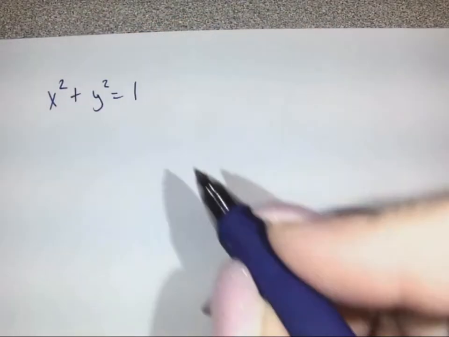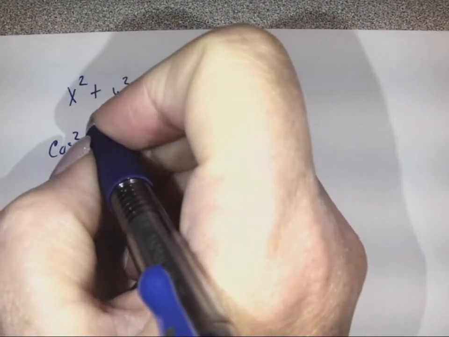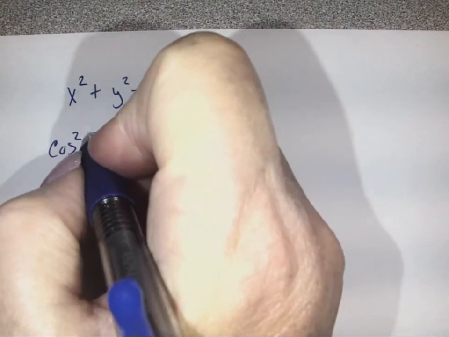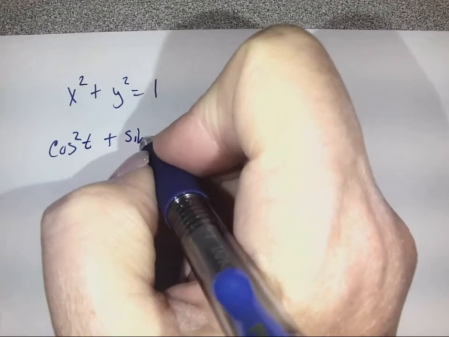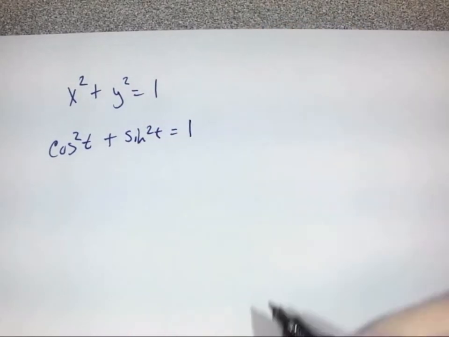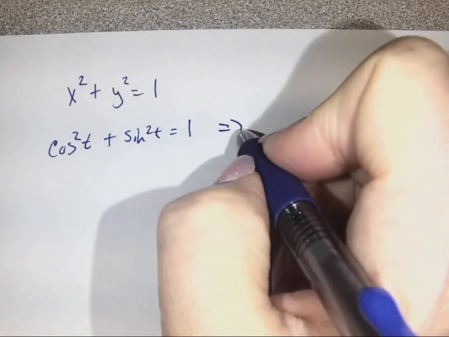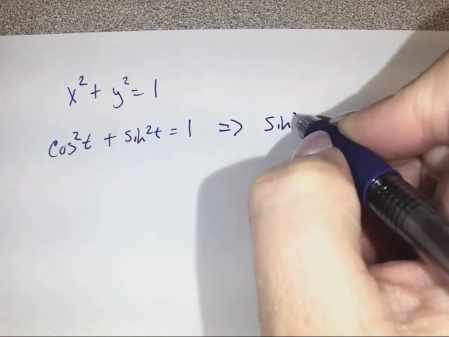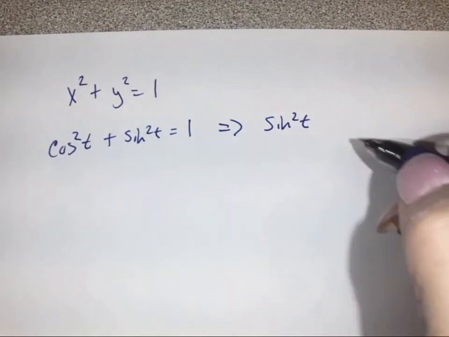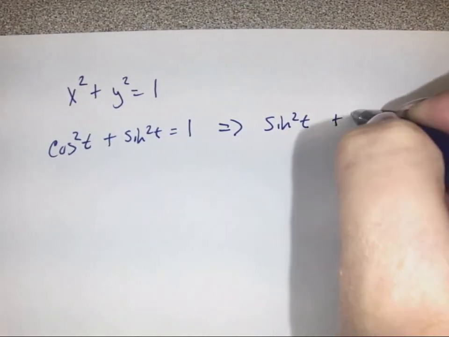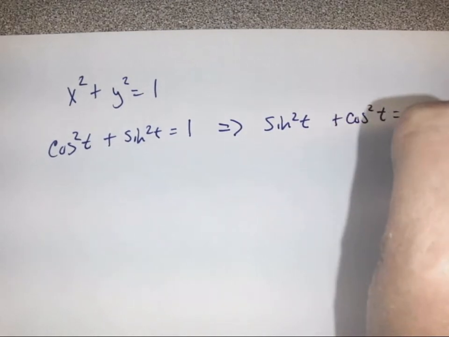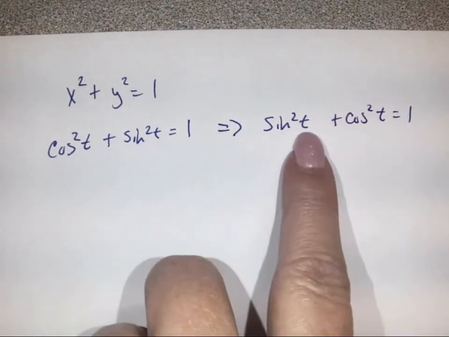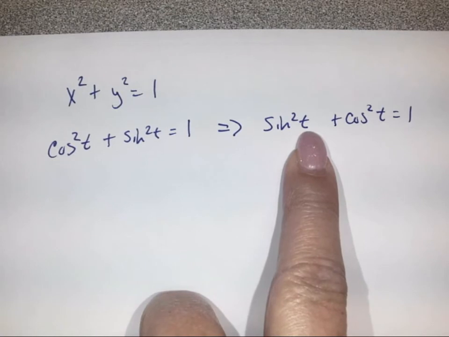We know that x is the same thing as cosine, so cosine squared t plus sine squared t is equal to 1. We can rewrite this in a different order because addition doesn't change anything: sine squared t plus cosine squared t is equal to 1. That is our first Pythagorean identity.